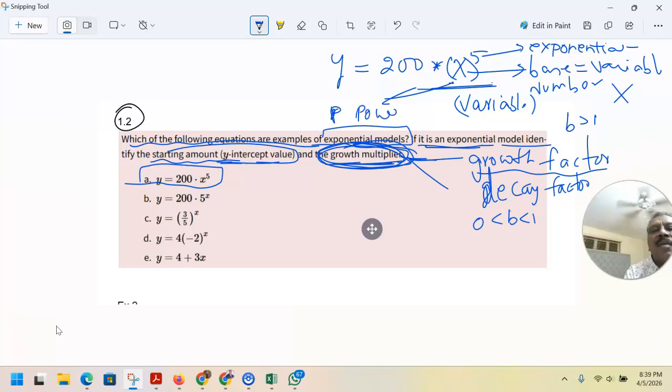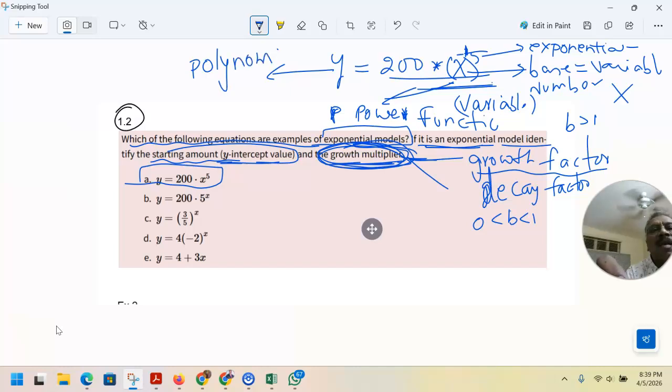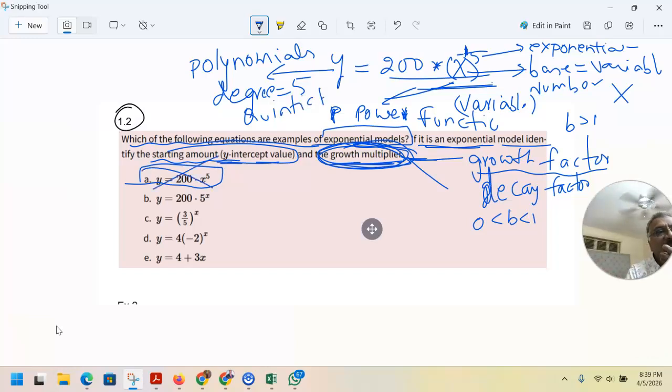Later on, if you want to do more math, you'll see it called a power function. But because this is plus 5, an integer, we can call this a polynomial function also. A polynomial function is when the highest exponent that you see is 5, which is also called a quintic function. So anyway, this is not the one.